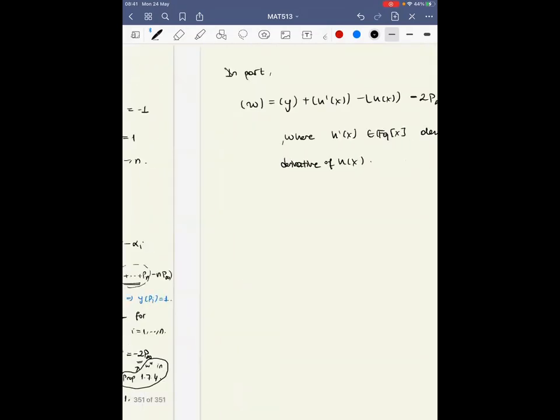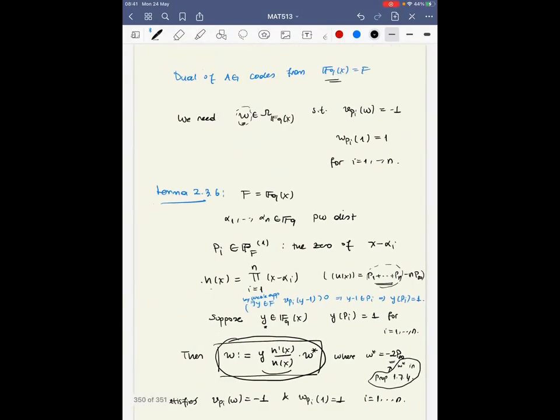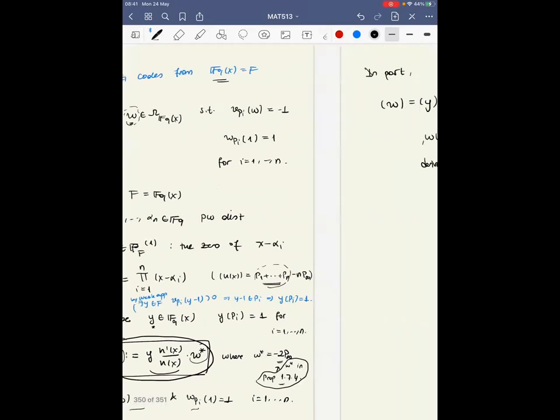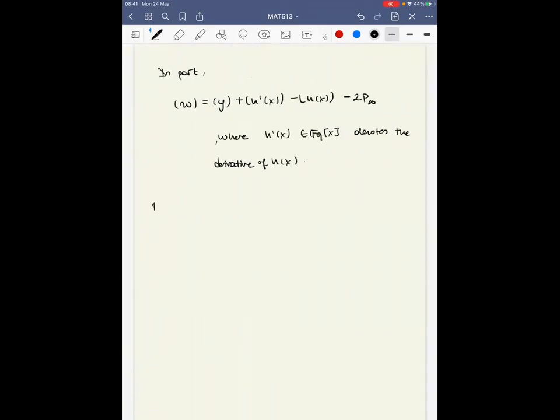So it is enough to consider the properties of this omega star, which is described in this proposition, and just verify whether we have these two properties for such a Weil differential.